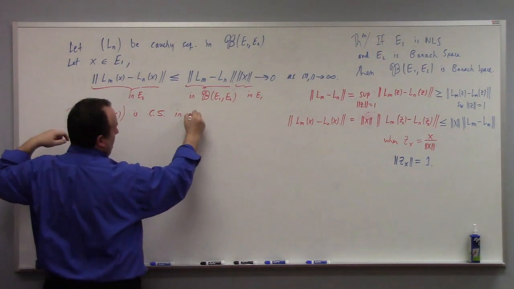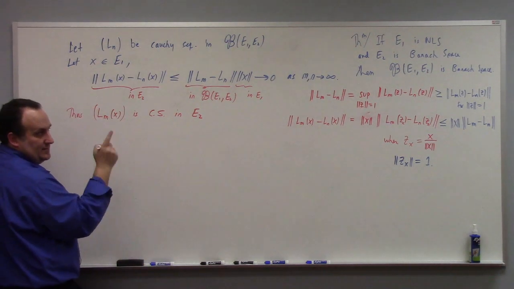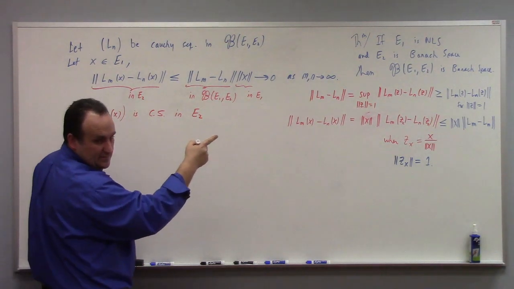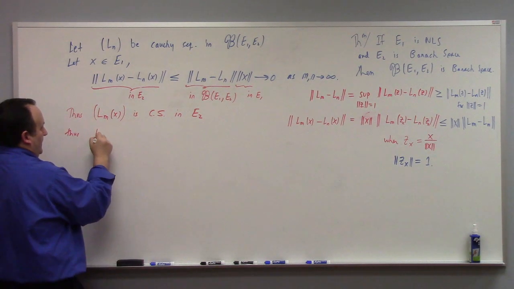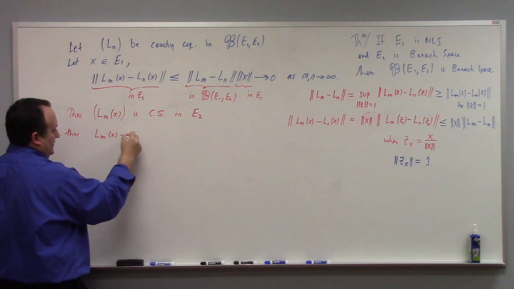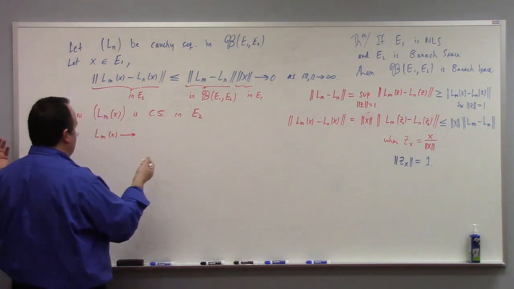In E2. But E2 is a Banach space. So thus, Lm of x converges to what? Well, something in E2, right?